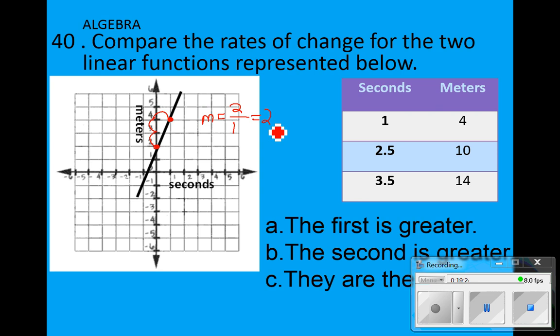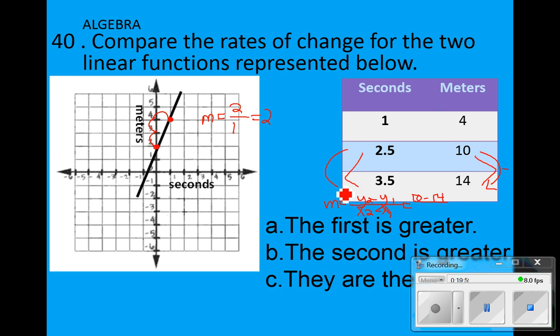So I'm going to choose the ones that I can use easily, which is going to be these 2. And I know that I have to choose y2 minus y1 over x2 minus x1. So I'm going to go this direction. It doesn't matter what direction I go as long as I go the same direction on both sides. So I'm going to do 10 minus 14.